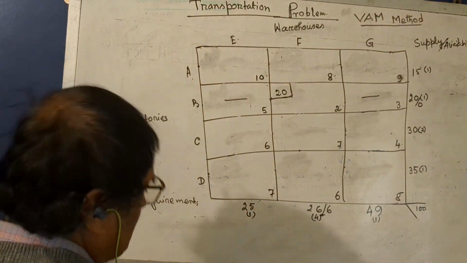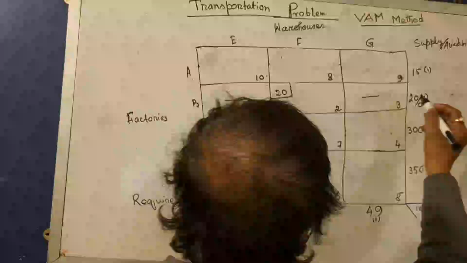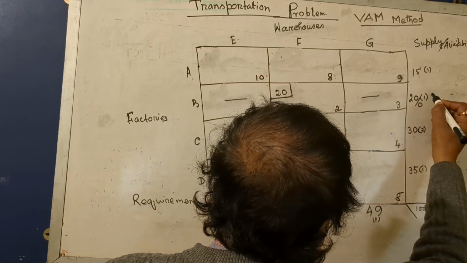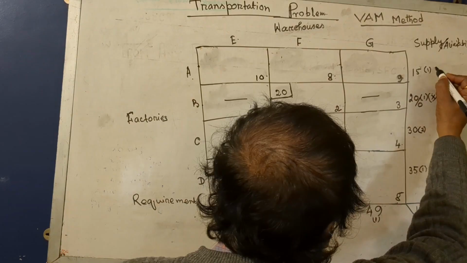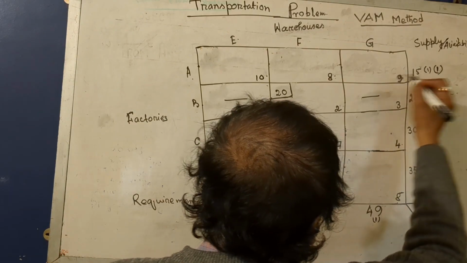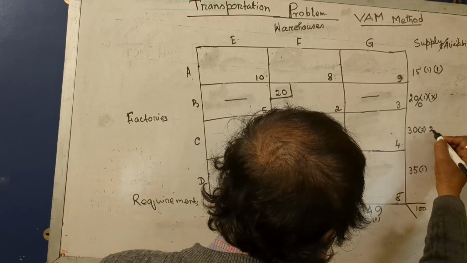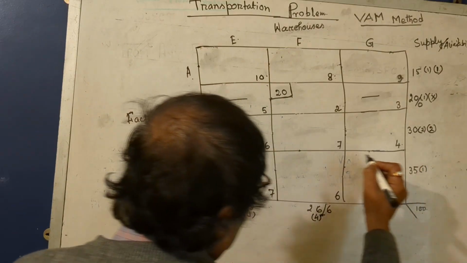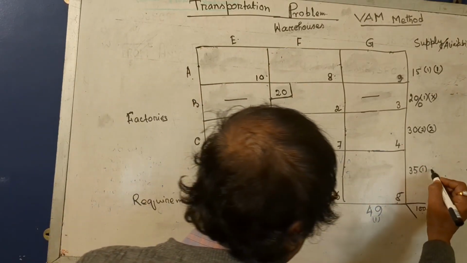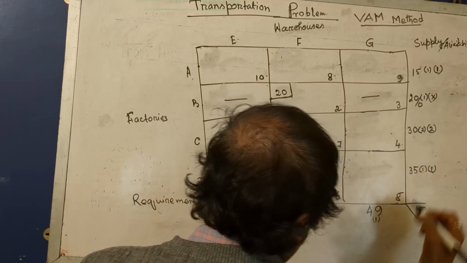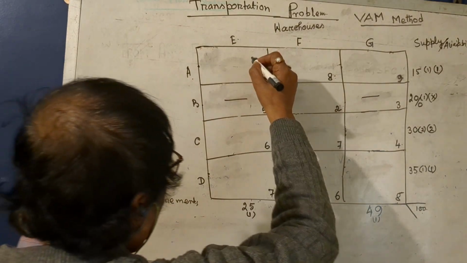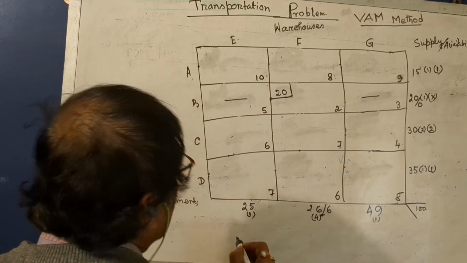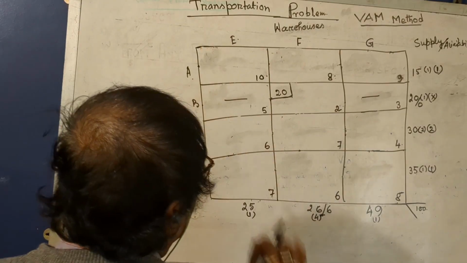The similar process repeats for the remaining rows. As there is no change, the difference will be 1. The same process applies: the lowest cost and the immediate lowest cost. To save time, you can put it directly. But in the case of columns, it will change as one cell is blocked.